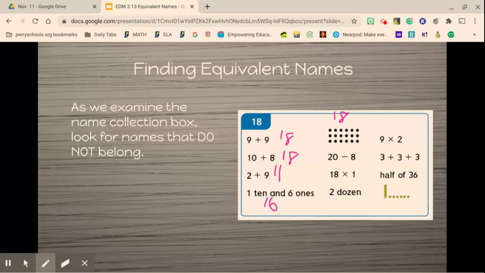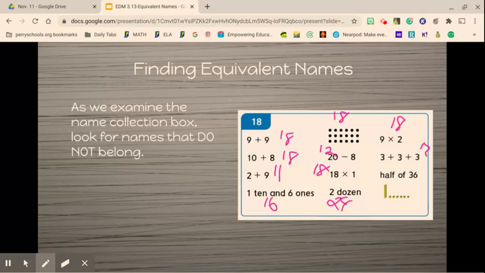20 minus 8 is 12. 18 times 1 is 18. 2 dozen. 1 dozen is 12, so if I have 2 dozens, I would have 24. 9 times 2 is 18. 3 plus 3 plus 3, well, 3 plus 3 is 6, plus 3 more is 9.